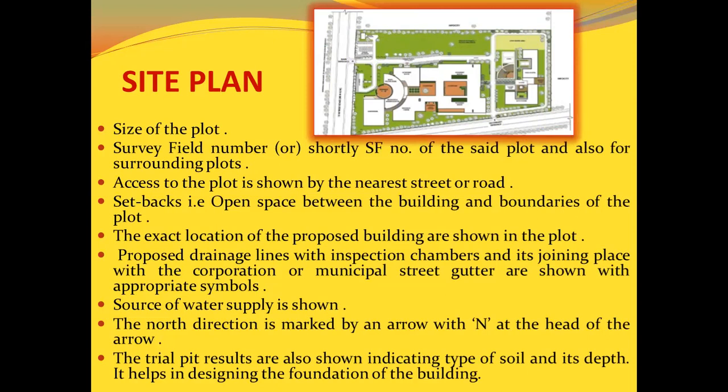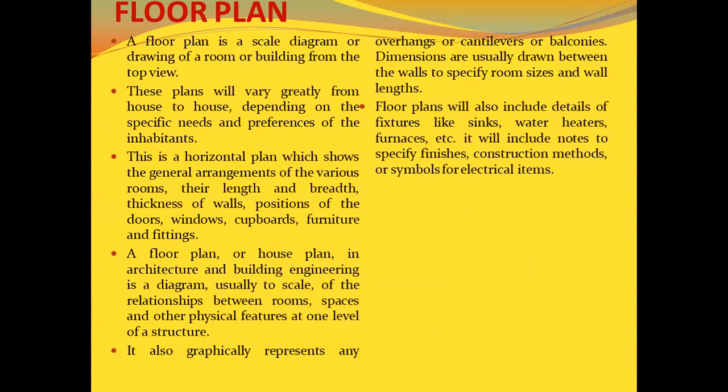The source of water supply should also be shown. A north direction should be marked with N at the head of the arrow. A trial pit result should also indicate the type of soil and its depth, to help in designing the foundation of the building.